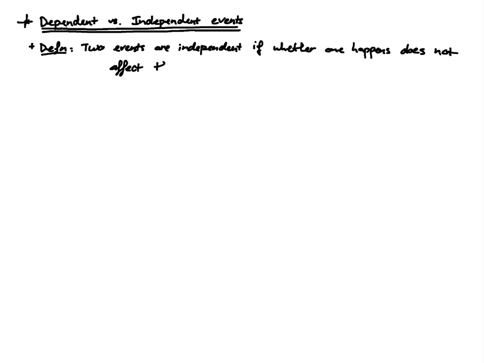Two events are independent if whether one happens does not affect the probability of the other event happening.